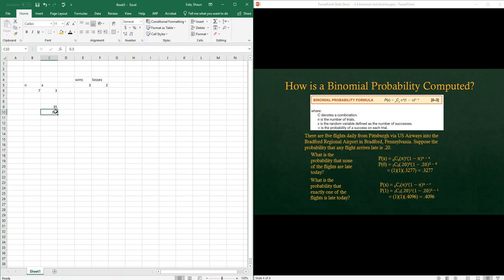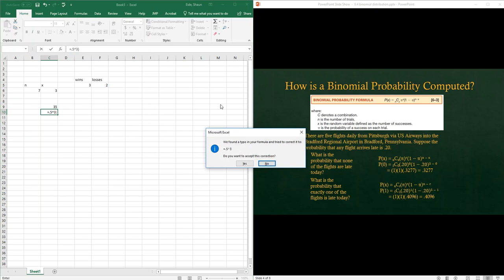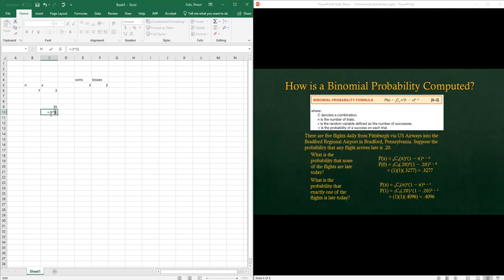So we have 0.5 raised to 3, multiplied by, let's put these in parentheses, 1 minus pi, or 0.5, because 1 minus 0.5 equals 0.5, raised to the n minus x. N minus x is 4.